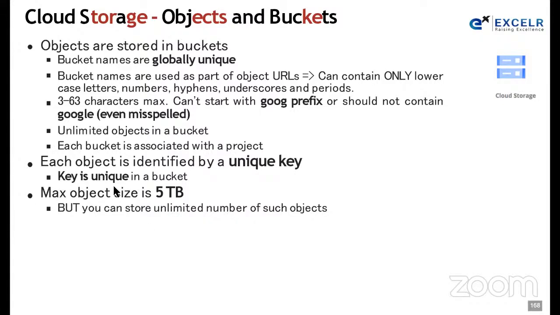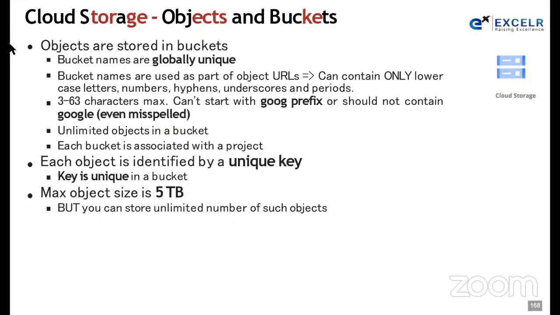Bucket names are used as part of the object URL and can contain only lowercase letters, numbers, hyphens, underscores, and periods. Why is this? Because this is a globally DNS-routable URL which you are going to get for your cloud storage. You need to use an absolute path of your object if you want to access it.